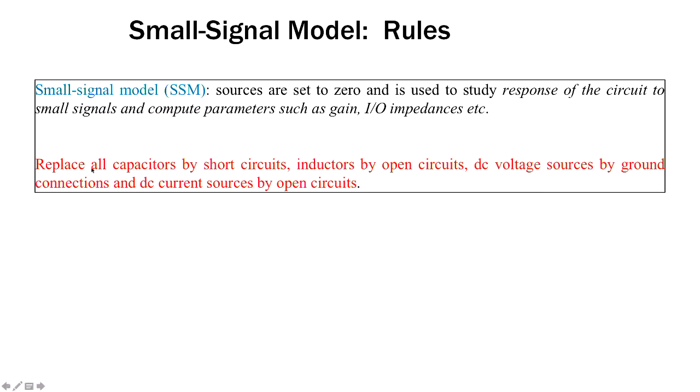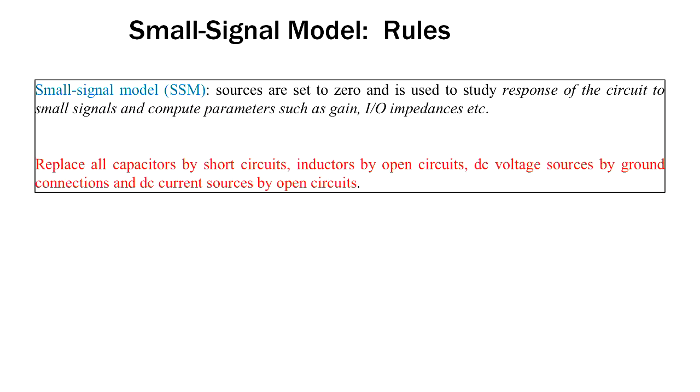Then replace all the capacitors by a short circuit. Why do we replace all the capacitors by a short circuit? Because we are dealing with a signal that is changing with respect to time. So a capacitor is open for DC, but a capacitor is a short for signal. You know what I mean?